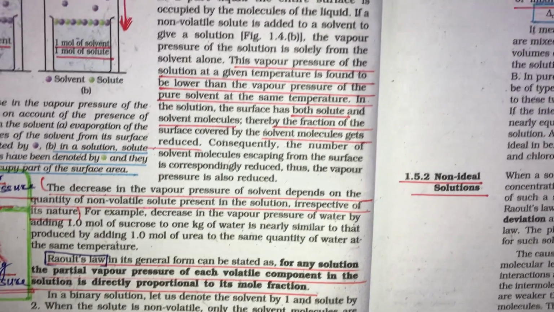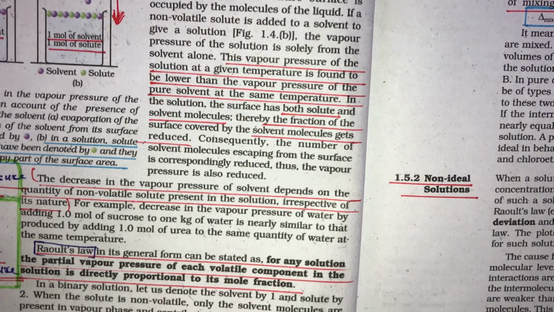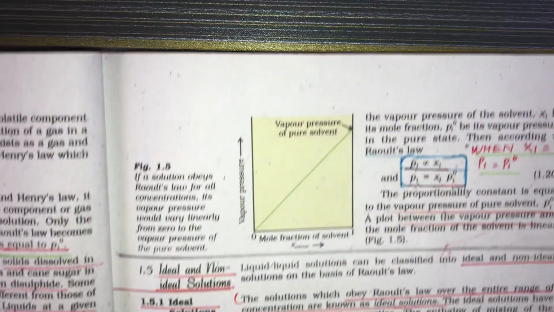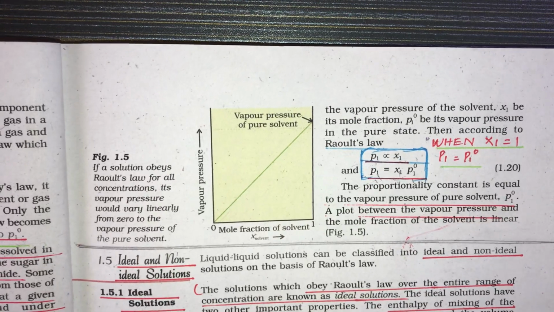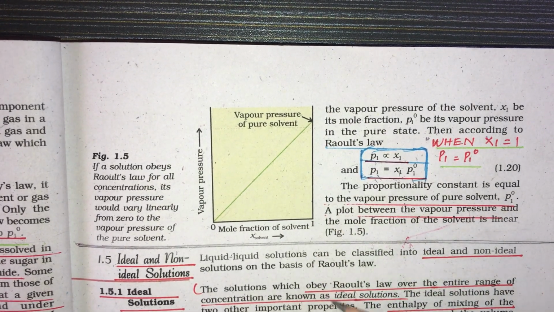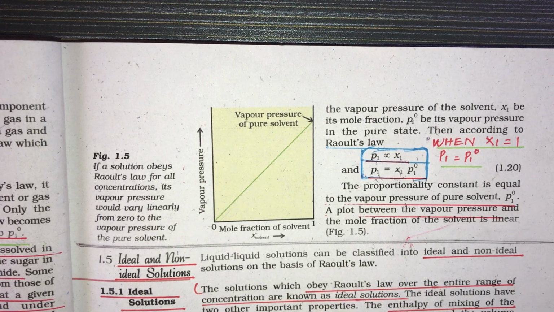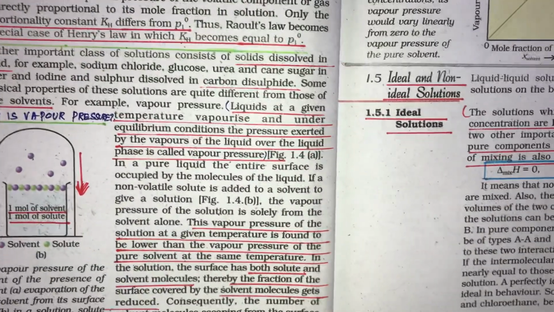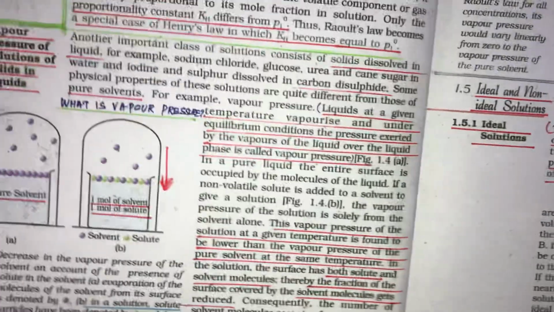And what is Raoult's law? The vapor pressure of each volatile component in the solution is directly proportional to its mole fraction, the equation of Raoult's law, and the verification of Raoult's law by plotting the vapor pressure against the mole fraction of the solvent. So the lowering of vapor pressure is a colligative property and depends upon the number of particles.